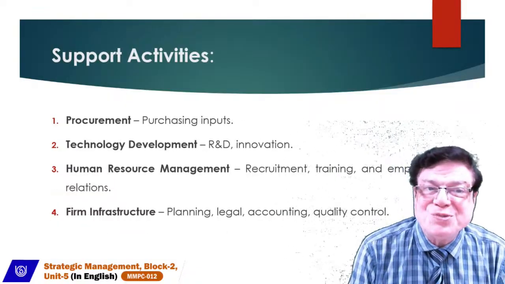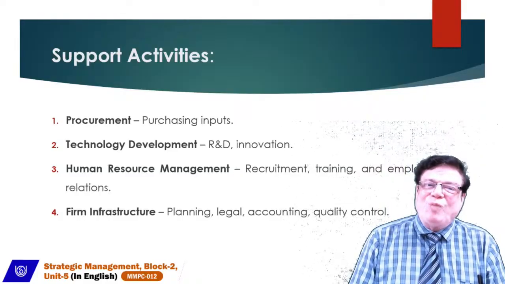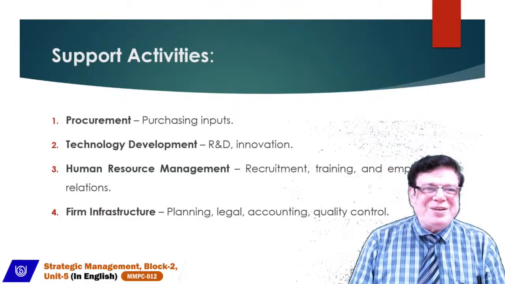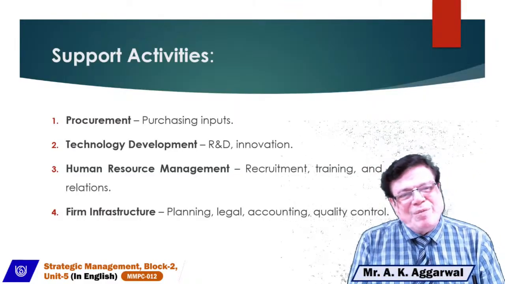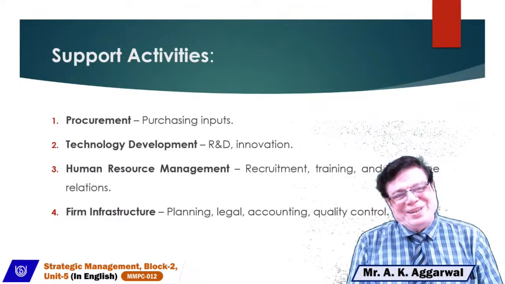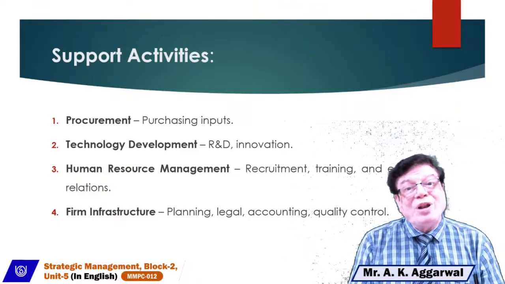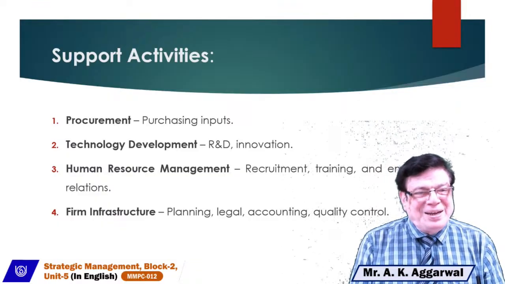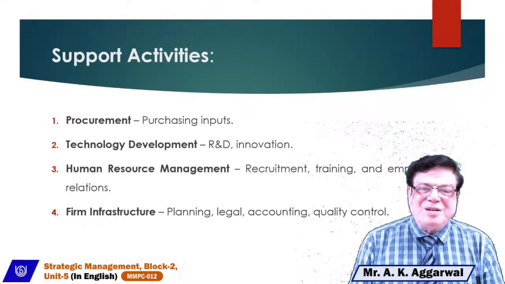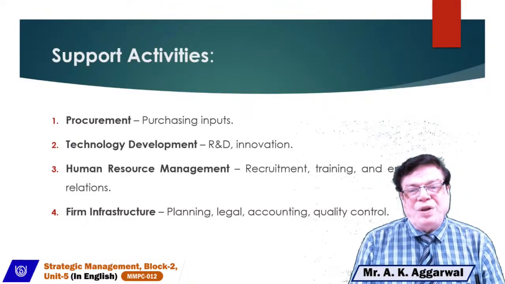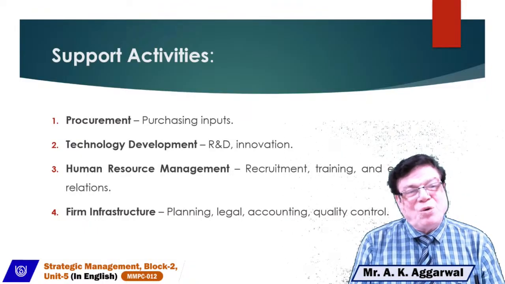Now, support activities. What are the support activities? Procurement, purchasing inputs, that is a support activity. Technology development, research and development, innovation. Then human resource management, recruitment, training and employee relations. Then next is firm infrastructure, planning, legal, accounting, quality control.